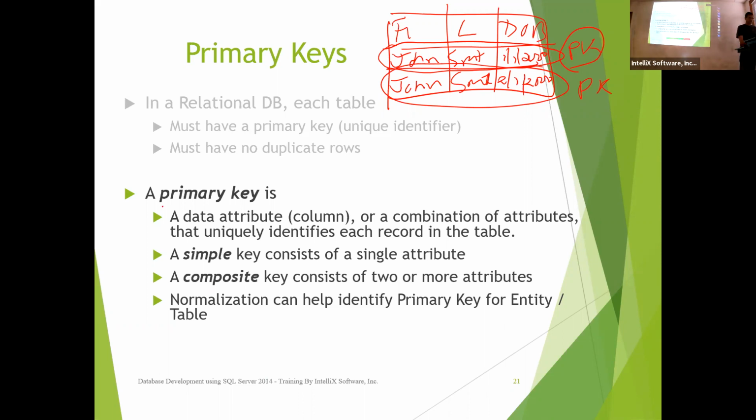Okay, so the primary key definition is a data attribute, single column or multiple columns, a combination of attributes, that uniquely identifies each record in the table. Now, you can have a simple primary key or a composite primary key. Here in this case, this is a composite primary key.